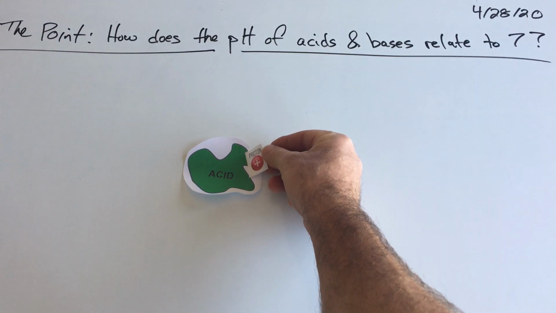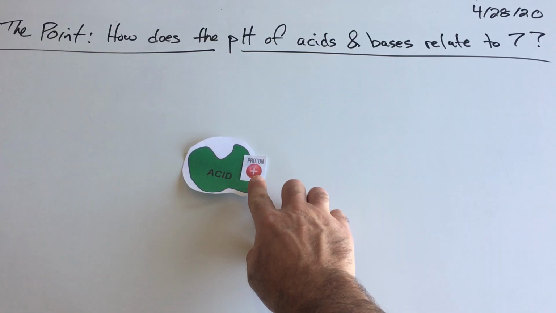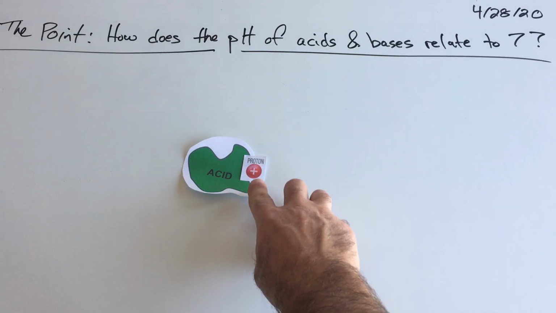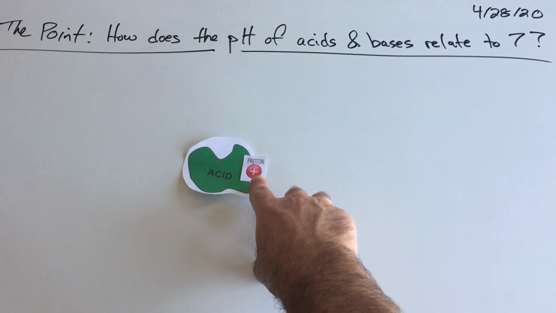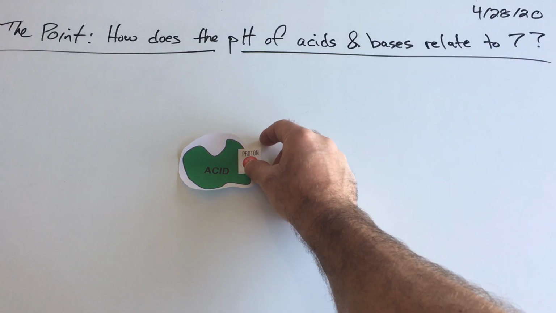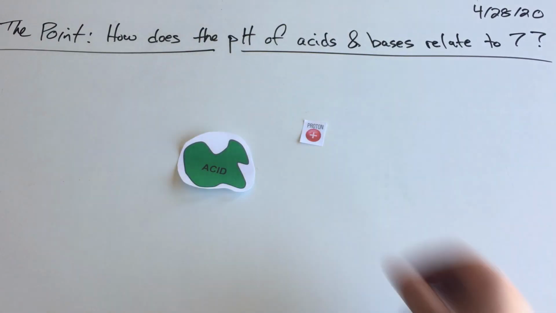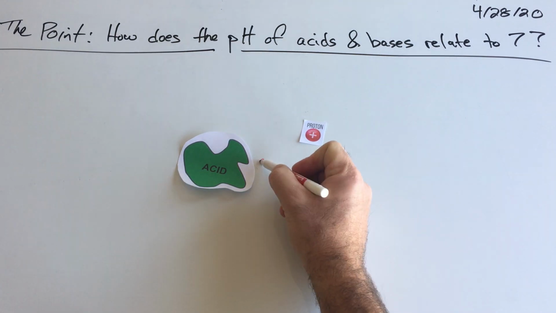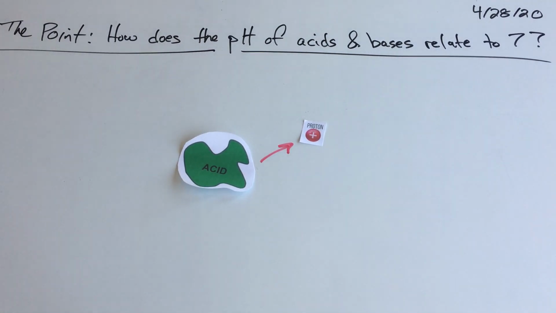So again, if we think of acid as having these acidic hydrogens, these single protons, these positively charged hydrogen ions, the question is, how easily does it shoot it off? Take that.